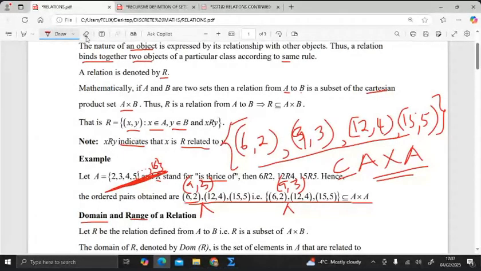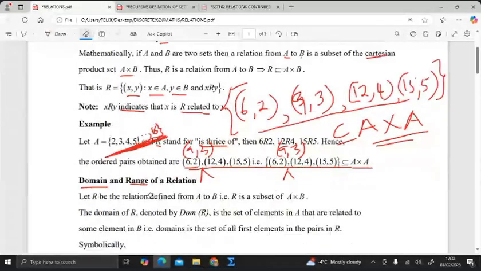And now we go and talk about what we call the domain and range of a relation. What do you mean by that? Let's go to that. We consider R to be a relation defined from A to B. That is, R is a subset of the Cartesian product of A and B, the way we've said here.